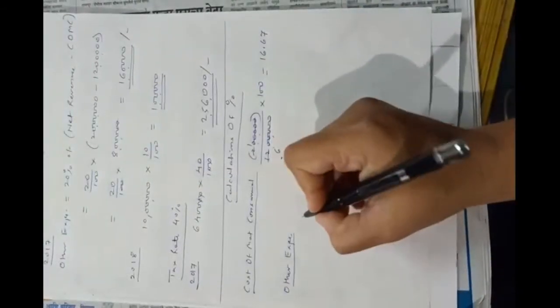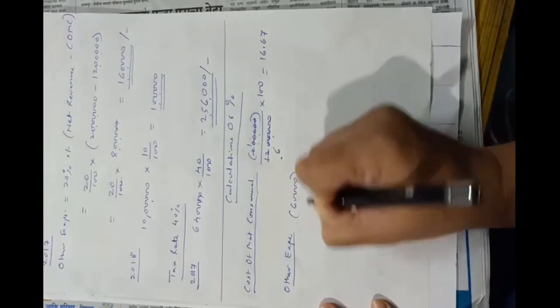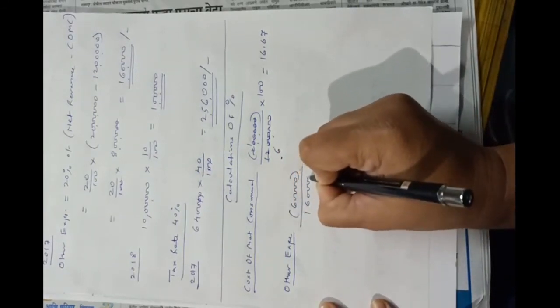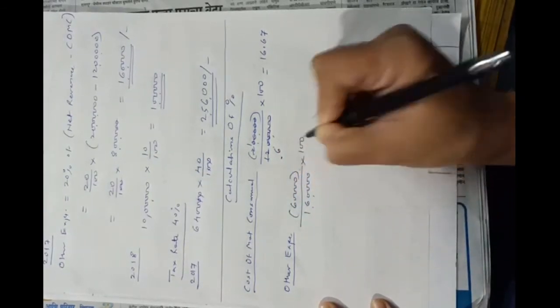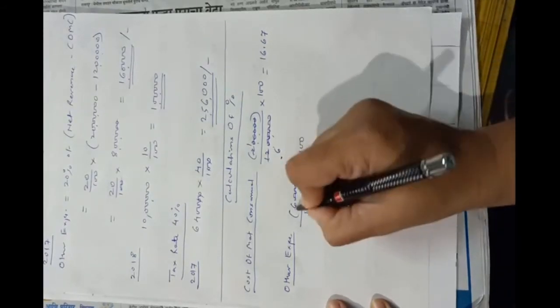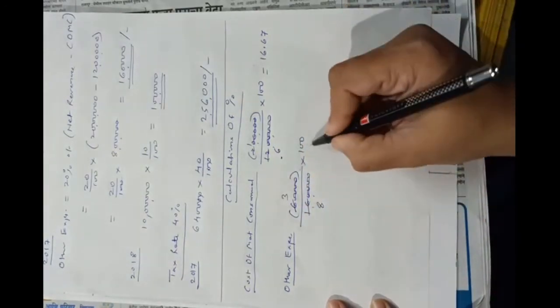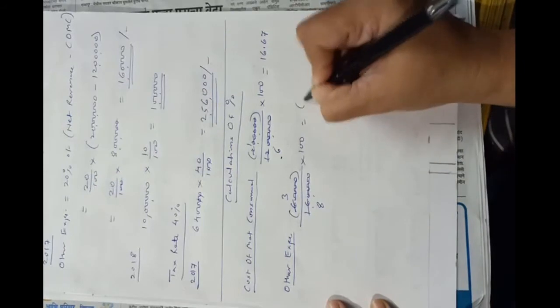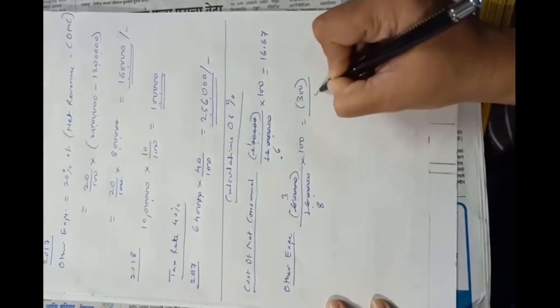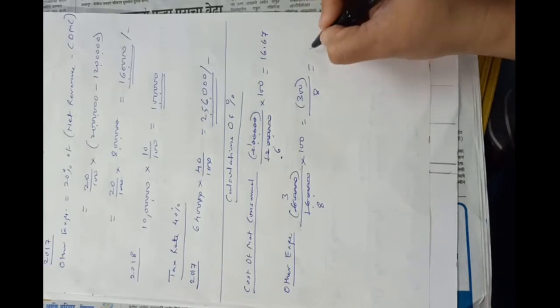Minus 60,000 divided by 1,60,000 into 100, so 100 into 3, negative 300 divided by 8. So the division is 37.50.